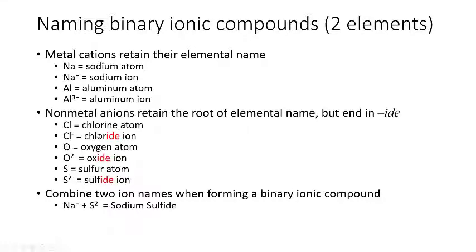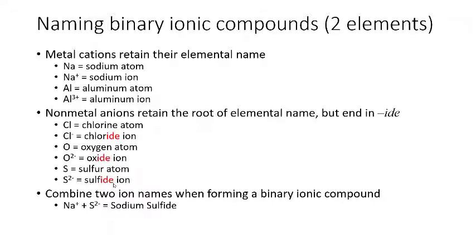So we call that the chloride ion. Oxygen keeps the root and turns into the oxide ion. Sulfur keeps its root and ends with -ide to form the sulfide ion. That way you can know if I'm talking about oxygen, I'm talking about an atom. If I'm talking about oxide, I'm talking about an ion.